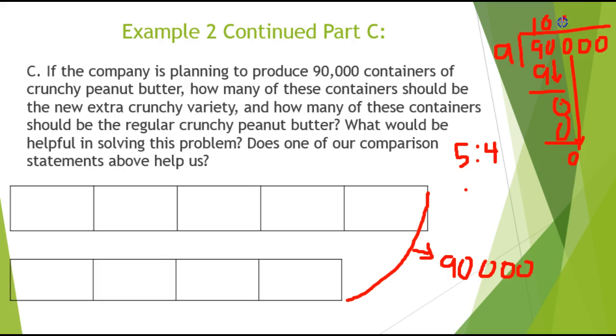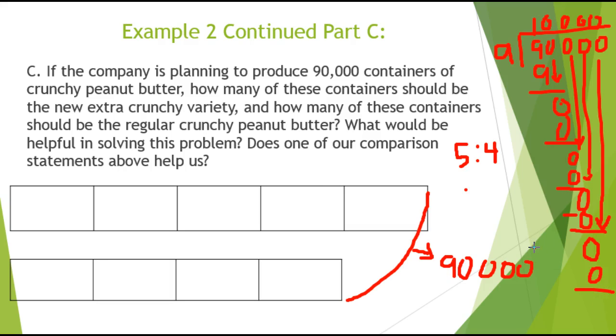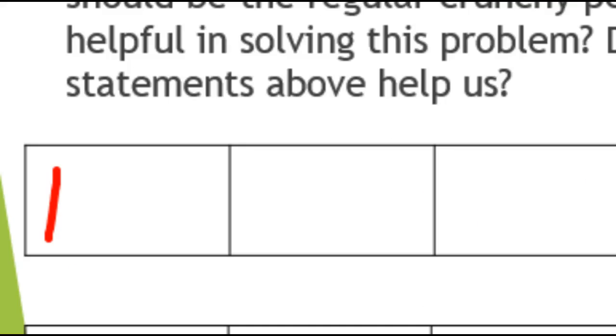I repeat this for each remaining zero: 9 into 0 goes 0 times, 0 times 9 is 0, and now I'm finished. So each piece of tape actually represents 10,000.